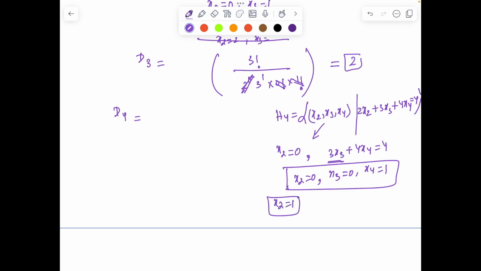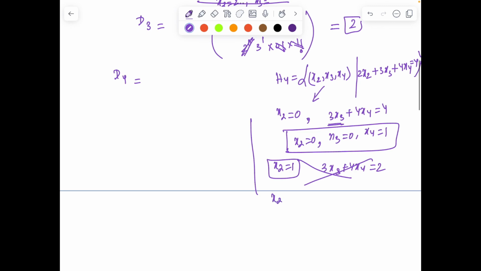Now what if I take x2 as 1? So x2 equals 1 will give me 3x3 plus 4x4 equals 2. Now that's not possible. So let's try the next value of x2 as 2. And x2 equals 2 works because that will give me 4, plus 3 times, I can set the others to be 0 and 0.